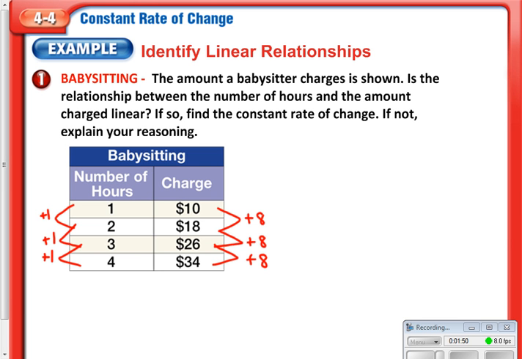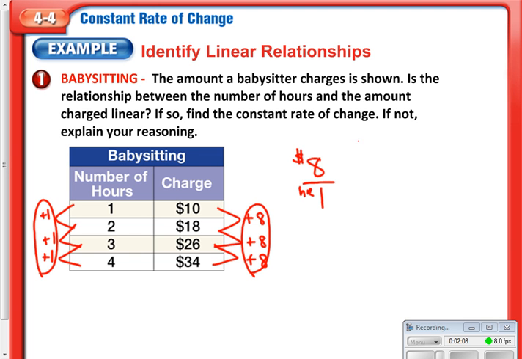So if you look at this, everything is constant on the left side as well as constant on the right side. So we would have 8 over 1. 8 is talking dollars. This is talking hours. Everything is constant here as well as here.